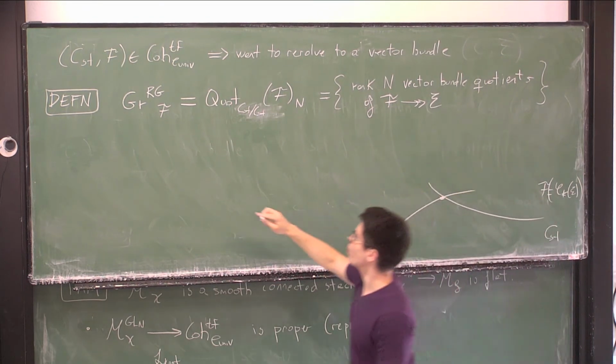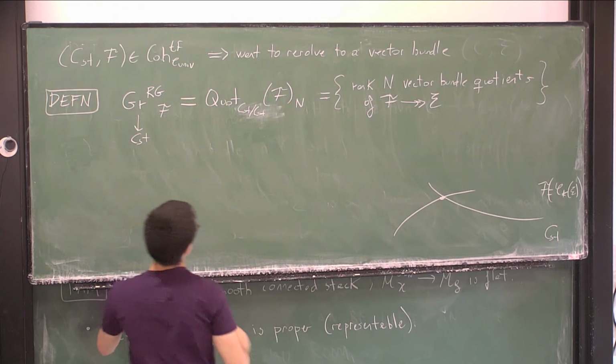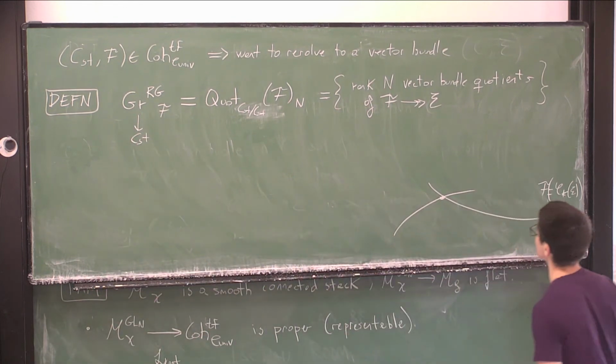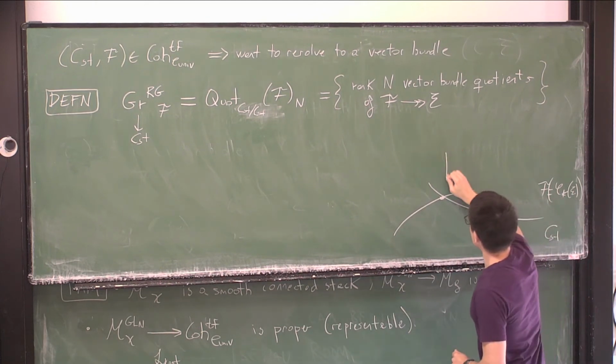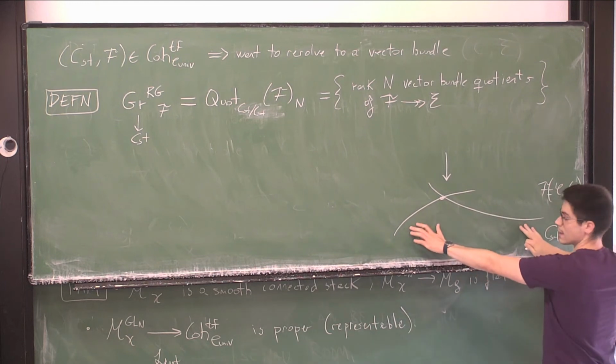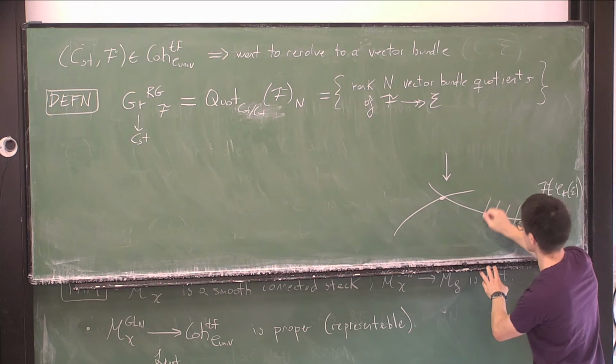By the way, this is going to admit a map to CST. Away from the node, this is going to be just the identity. What happens at the node? Well, your F is going to have some fibers.